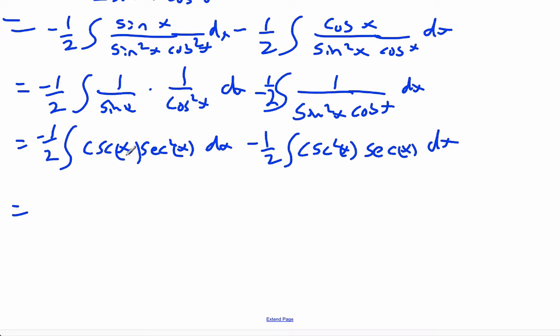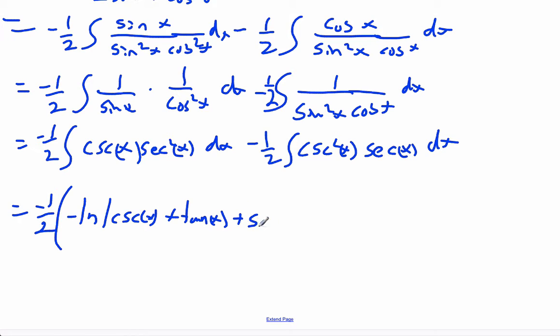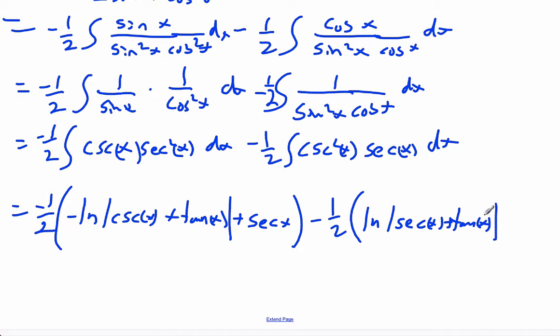But the integral of this one is simply going to be, and I'm going to multiply negative half times all of this, the integral of that is going to be negative ln cosecant x plus tan x plus secant x, and the integral of this one is going to be ln secant x plus tan x minus cosecant x.